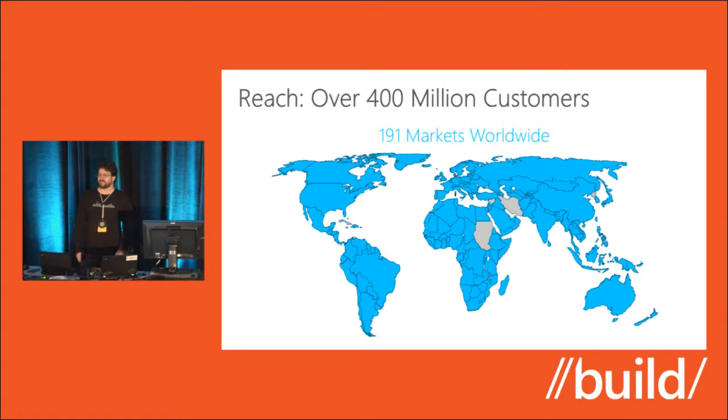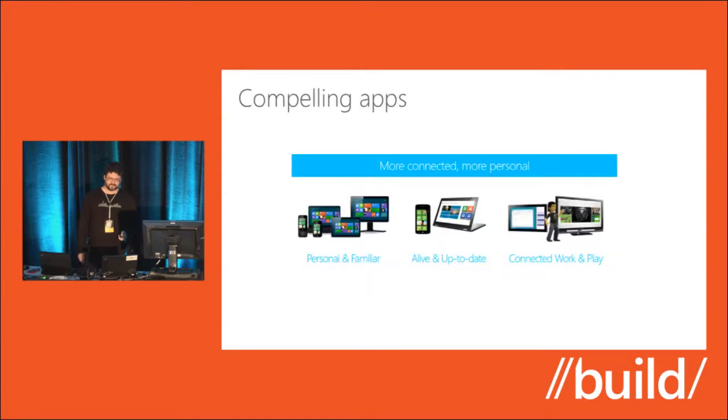So it's a fantastic time to be a developer on the Windows ecosystem. It was mentioned already today by Steve Ballmer and various others. You have the potential to put your apps into the hands of millions of new customers right across the world in over 191 markets. And it'll be apps that are core to the Windows Phone and Windows 8 experiences.